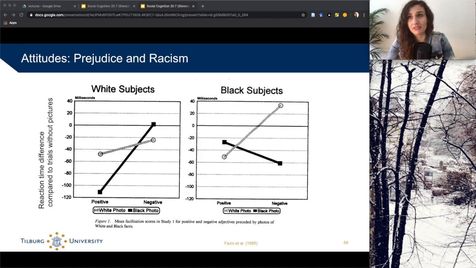And the data looks a little bit different for black subjects, but you can see that there's also some racial bias in the responses here, at least with regard to negative pictures. Okay, so basically the idea would be that we can use these response times and evaluations based on priming to have an implicit measure of whether people hold negative attitudes towards specific groups of people.